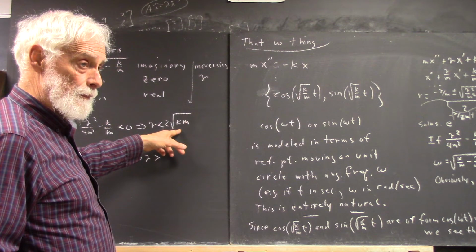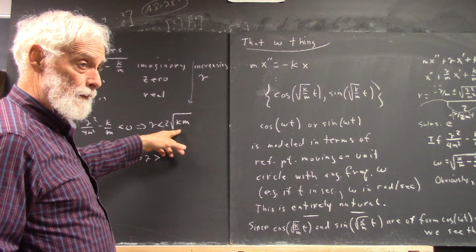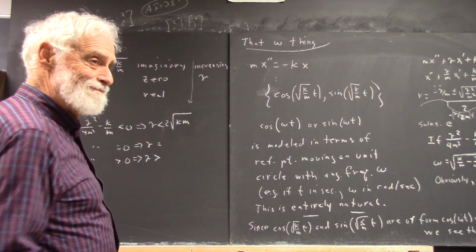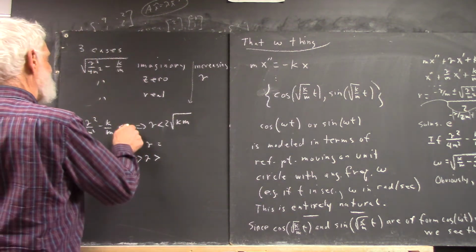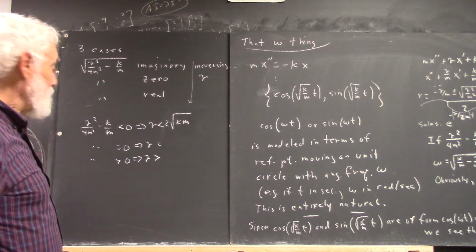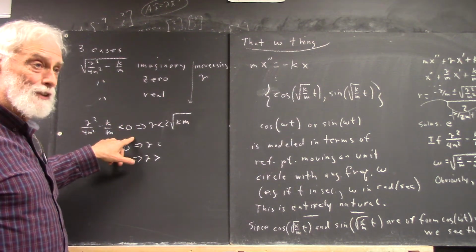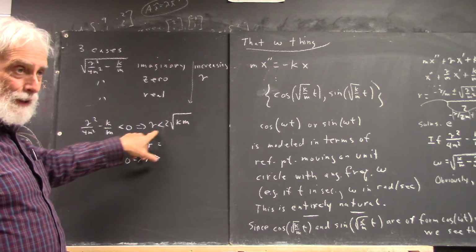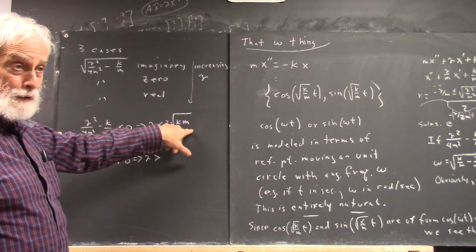Wouldn't it depend on whether it was between 0 and 1 or greater than 1? Nah. Think about it. Gamma squared has to be less than some positive quantity. So gamma has to be less than the positive square root of that quantity.